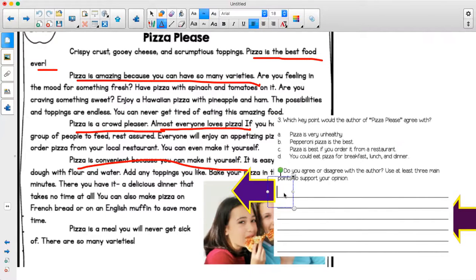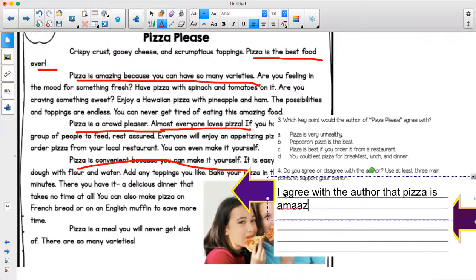Well, I'm going to say I agree with the author that pizza is amazing. I like a variety of toppings on my pizza.